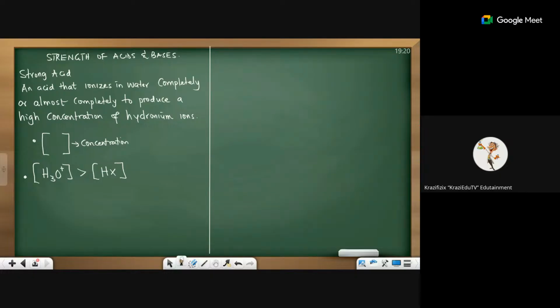Number two, which I will explain later: Ka is greater than 1. Ka means equilibrium constant. Only grade 12 will understand this for now, but next year when we do it, you'll say, oh, that's what you mean. The equilibrium constant of the acid is greater than 1.